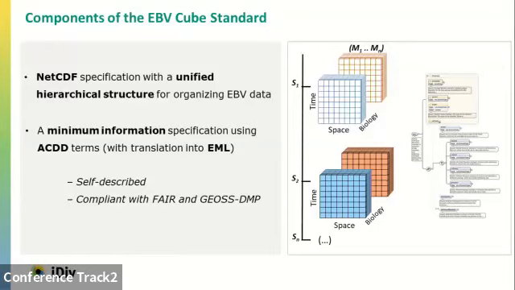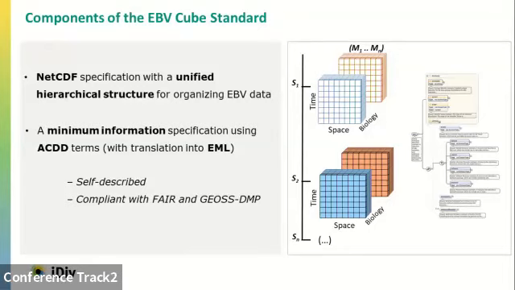So what we are doing is to specify the structure of this NetCDF together with a minimum information specification, which uses ACDD terms. Those are the metadata standard of the Attribute Convention for Data Discovery.